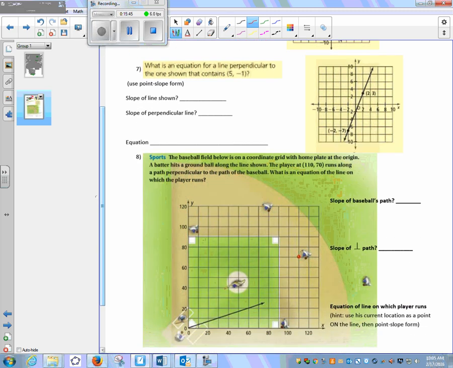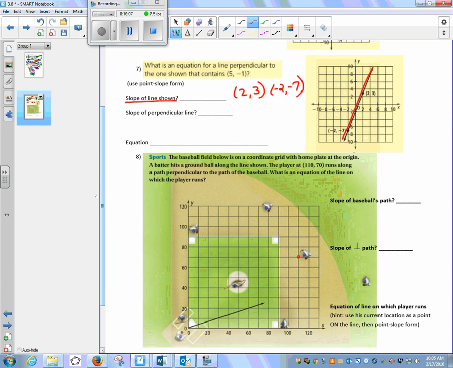Number 7, what is an equation for a line perpendicular to the one shown that contains 0.5, negative 1? Okay, so first thing you want to do is find the slope of the line shown. Well, you have the 2 points, 2, 3, and negative 2, negative 7.